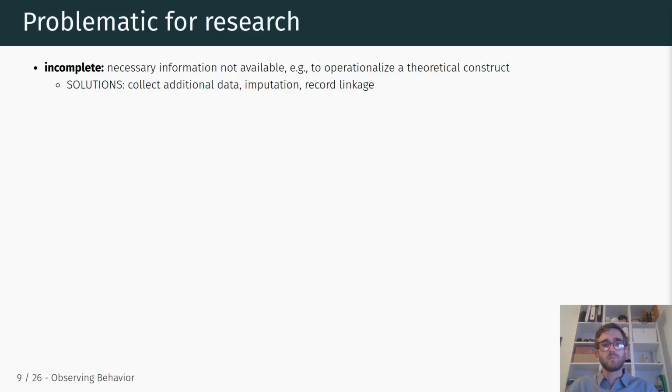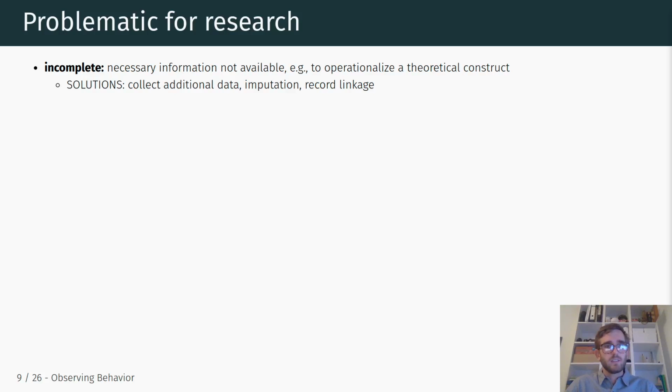For example, if we wanted to study pro-social behavior, we have to find features in our data sources that allow us to operationalize these theoretical constructs, and that can be challenging, and sometimes the data that we need might simply not be available.